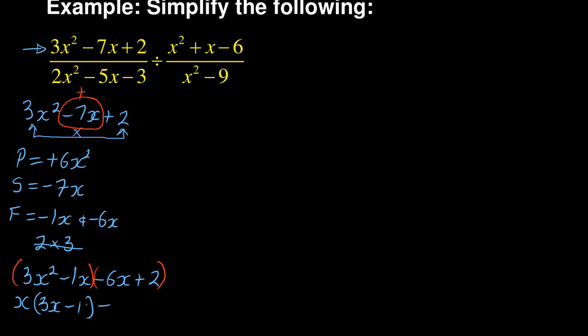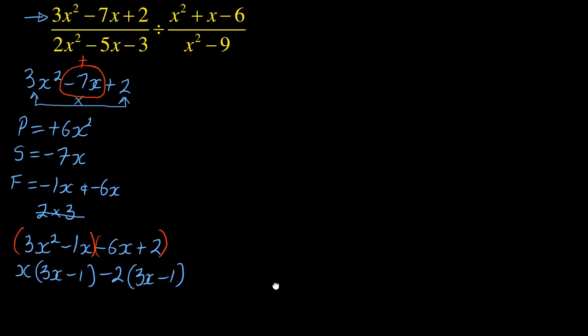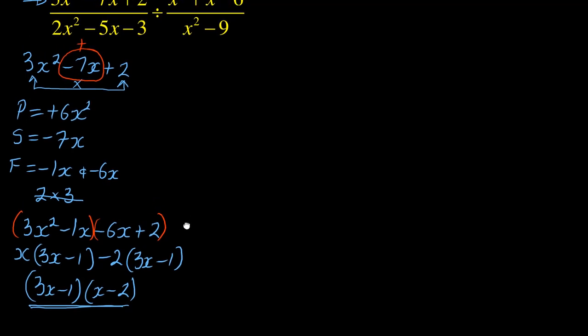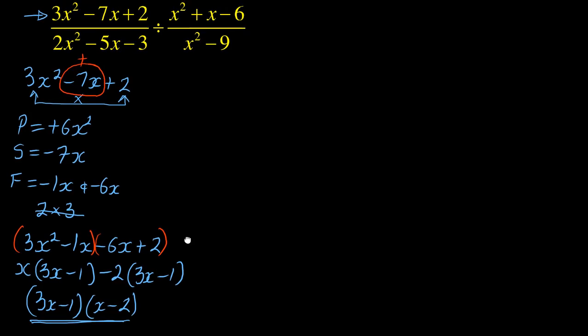In the next one, I must also come with a bracket, which is 3x minus 1. So I'll take out minus 2, which is 3x minus 1. I just want to finish it all in this part. So then I will have 3x minus 1 and then x minus 2. So this is the first part of simplifying the top.